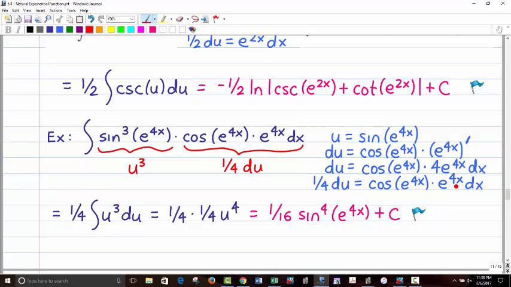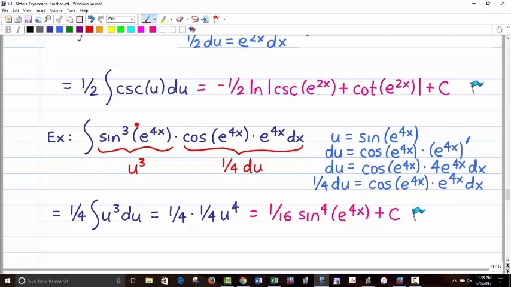So it wasn't something that we had to account for by some other method. Because you see the sine, you see the cosine, and you're going, hey, what's going on right there? No problem. All of that turns into 1/4 du. And then this just becomes u cubed.